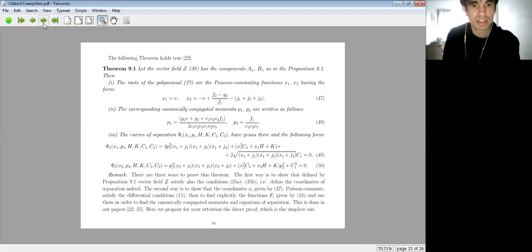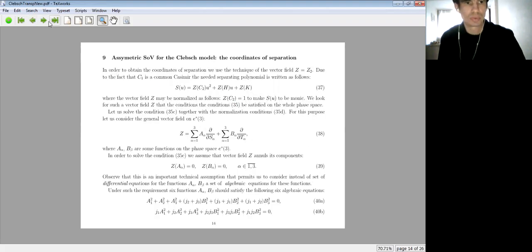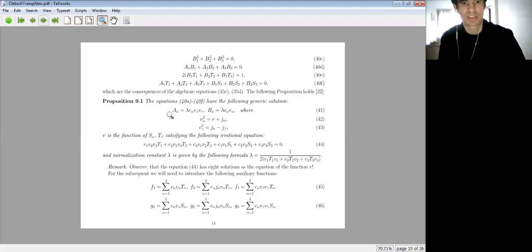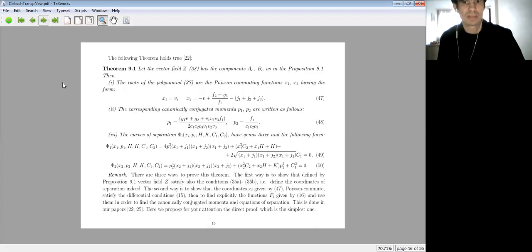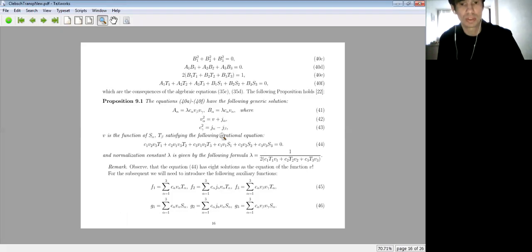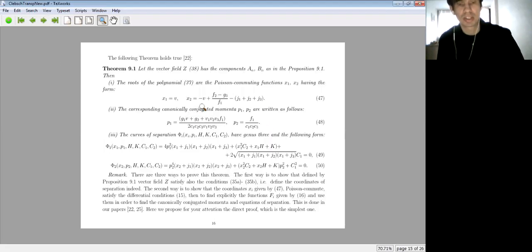In particular, in their terms, we formulate our main theorem: the roots of the separator polynomial 37, for the vector field zeta with components given by the formulas 41, 43, have the following explicit form. x1 is equal to v itself, this function v that enters into the definition of all the objects, and x2 is expressed rationally as a function of v and our auxiliary functions f1, f2, f3, g1, g2, g3.